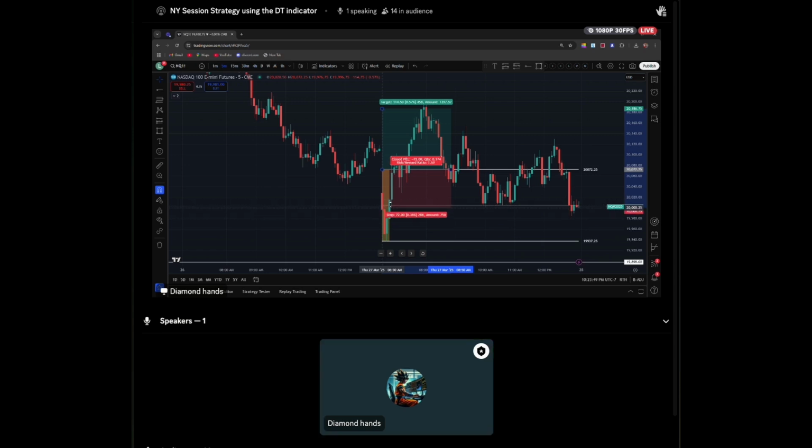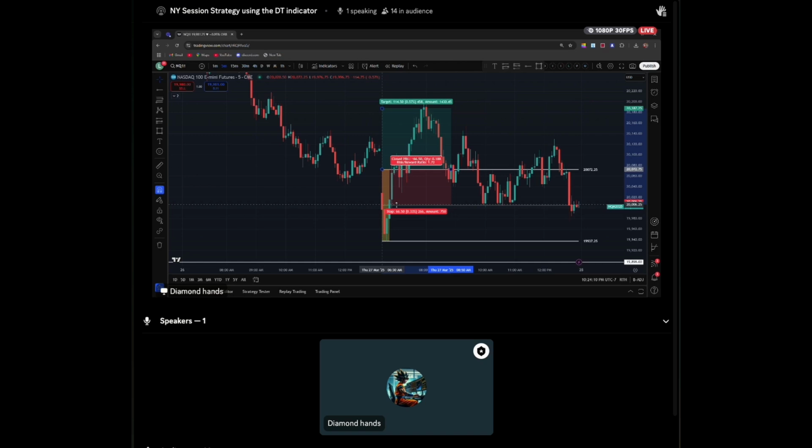once you enter, you can put your stop at the half the range, or at the most recent prior low, which is this candle right here, which is 180 ticks, or you can go for half the range.